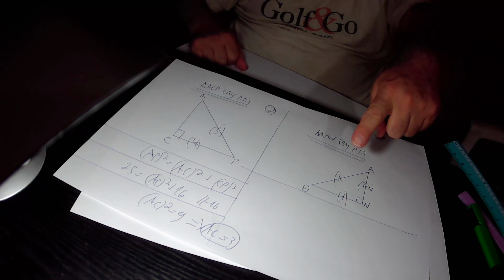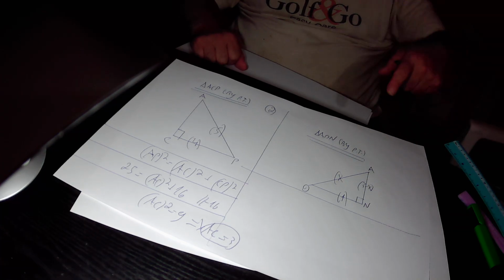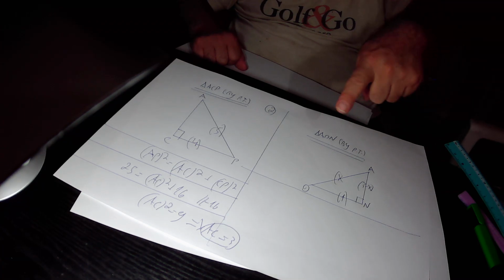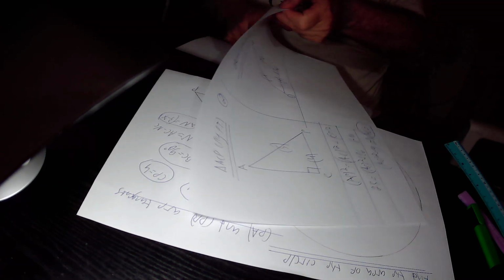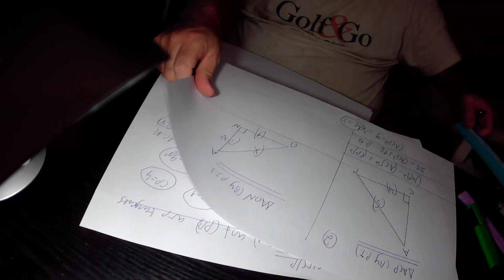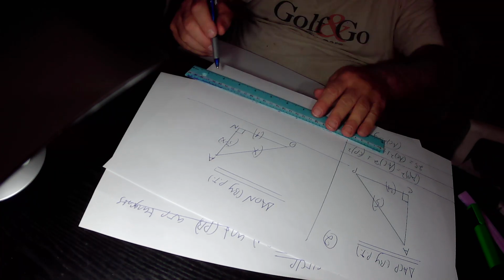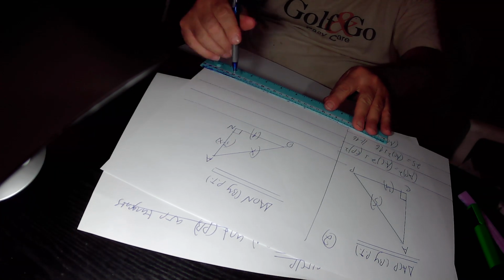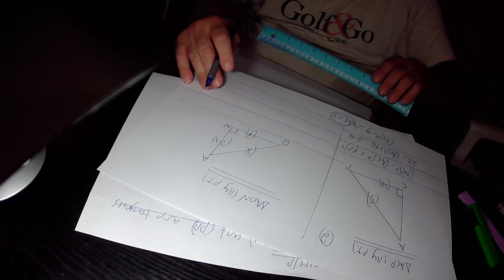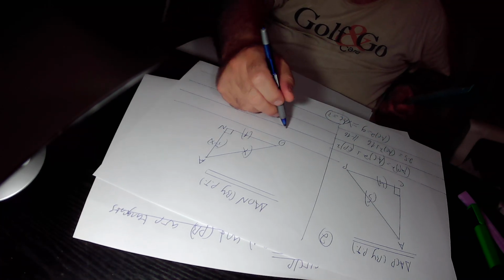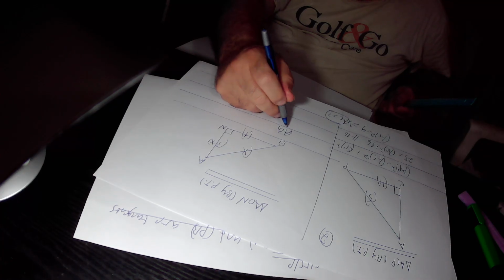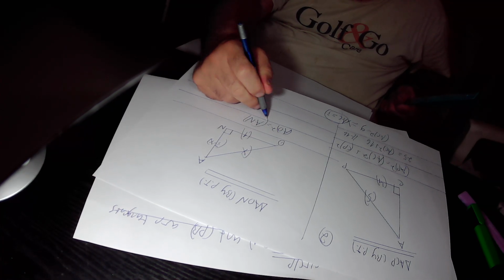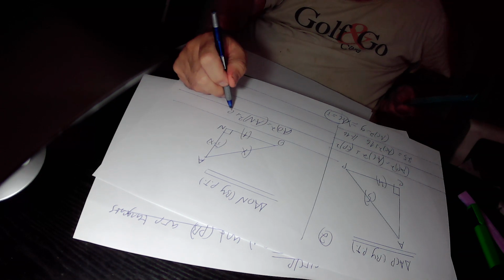In this right triangle AON, AO squared, that is the square of the hypotenuse, equals AN squared plus NO squared. So I write it down. AO squared, that is the square of the hypotenuse, equals AN squared plus ON squared.